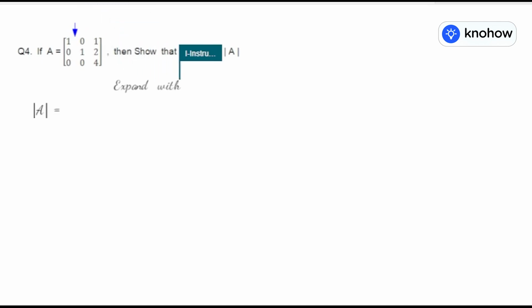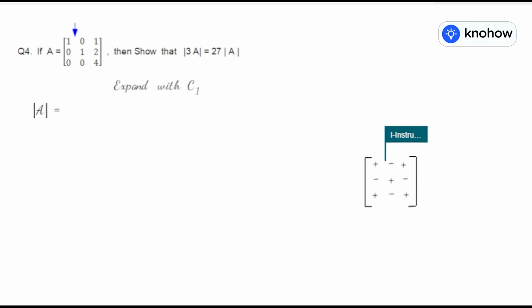You already know the sign convention, plus, minus, plus, minus, plus, minus, plus, minus, plus. So here it will be plus 1 times, delete the row and column through 1, you get 1 into 4, that is 4 minus 0, and the rest of the two elements of column 1 being 0, you get 0, 0.